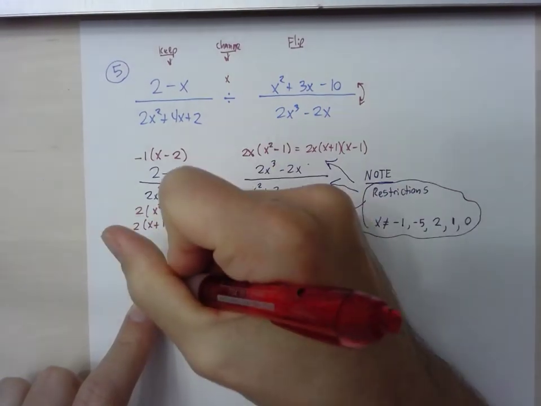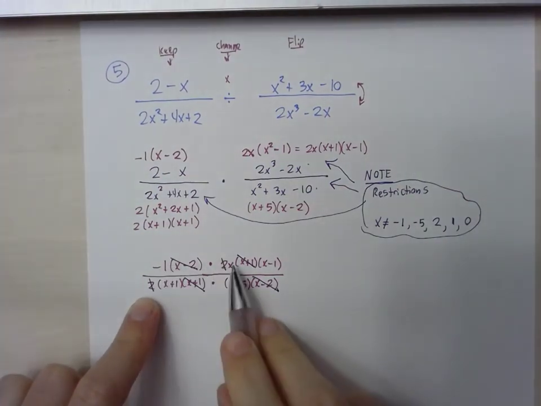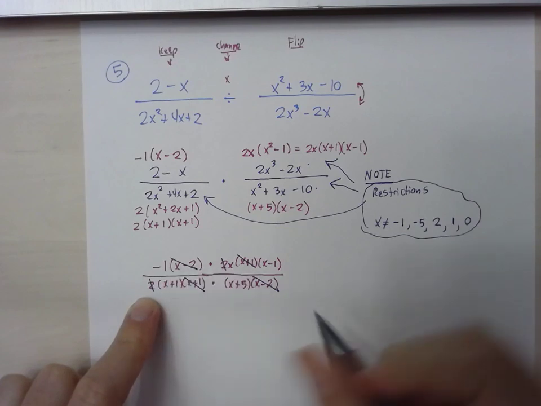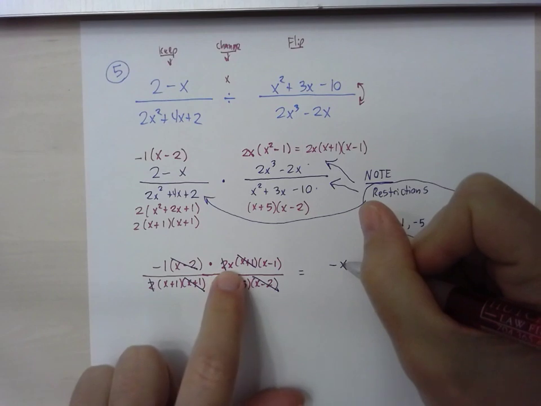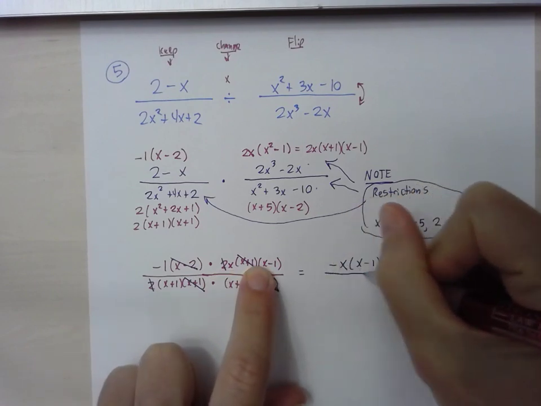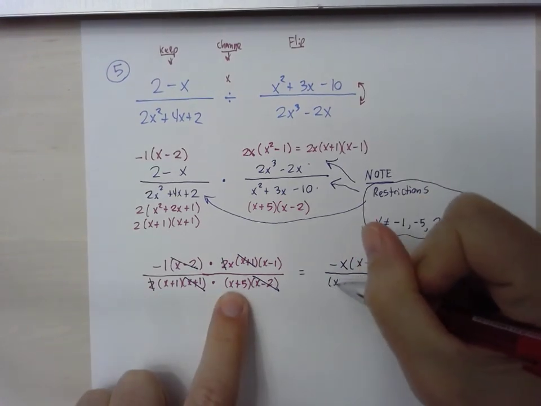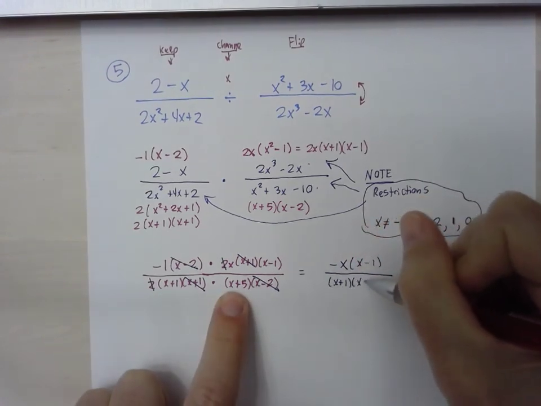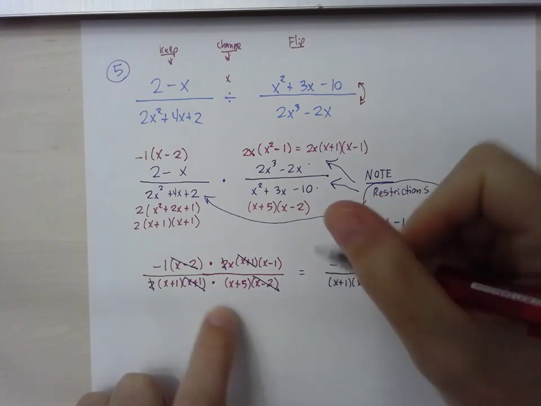So just the 2 there. So I'm going to have a leftover -1x, which is just -x. And then I have an x minus 1. All right, on the bottom I have x plus 1, x plus 5. And it looks like that's it.